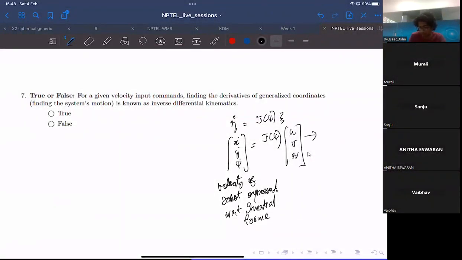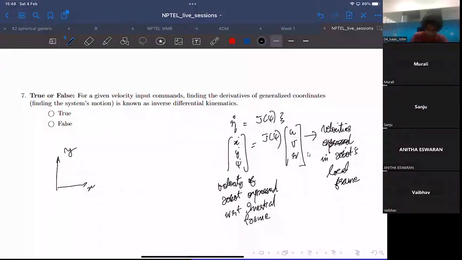By velocities, I generally mean the first two elements are linear velocity components, and the final element is an angular velocity component. And these are velocities expressed in the robot's local body frame. And the Jacobian basically maps the velocities expressed in the body frame to the inertial frame.